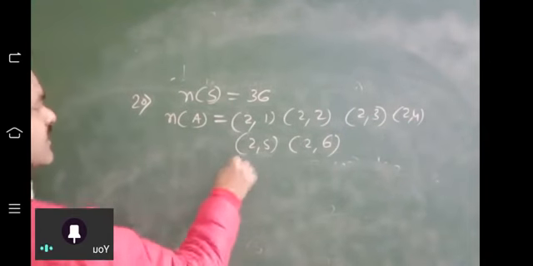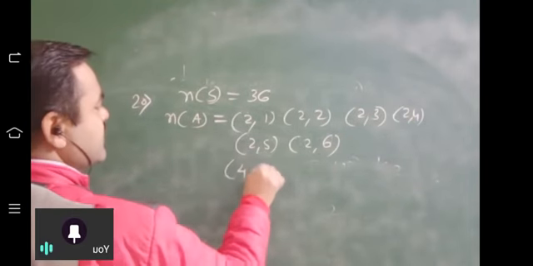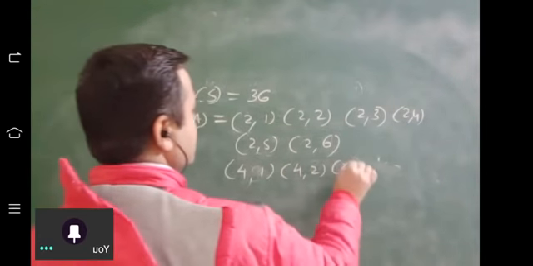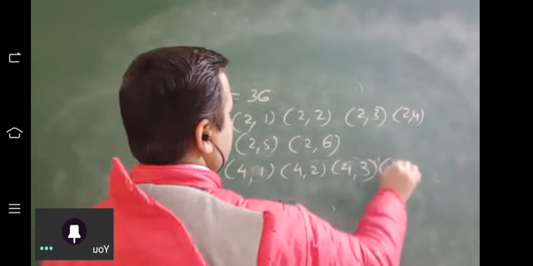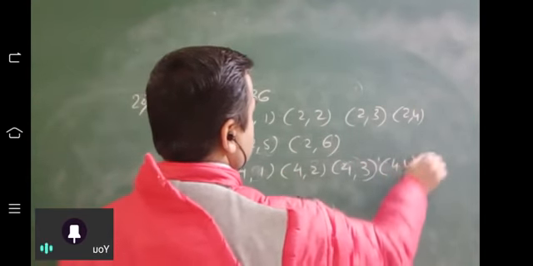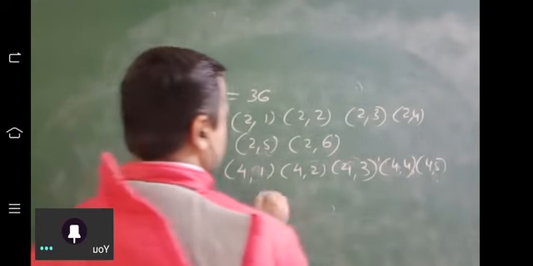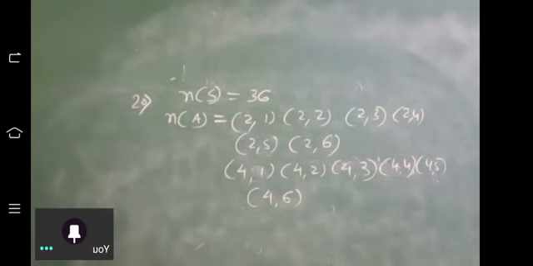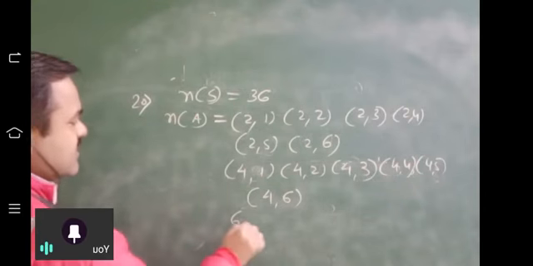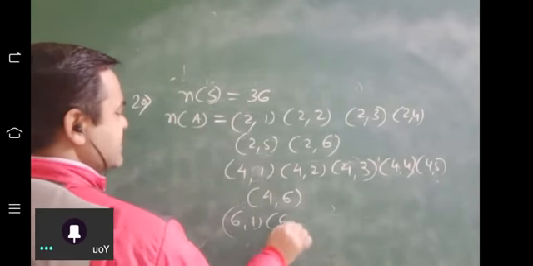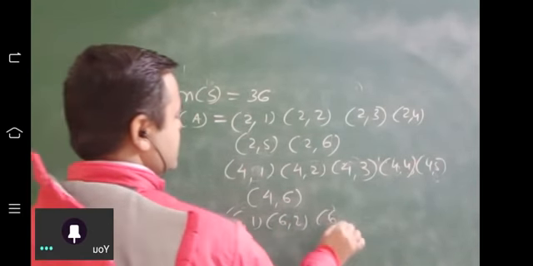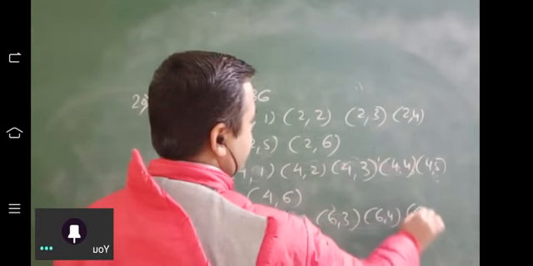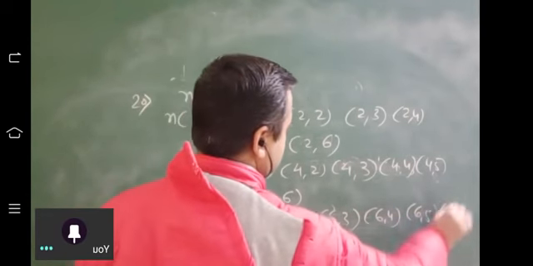Then with 4 you can take 1, 4 with 2, 4 with 3, 4 with 4, and 4 with 5, then 4 with 6. Again 6 1, 6 2, 6 3, 6 4, 6 5 and 6 6.